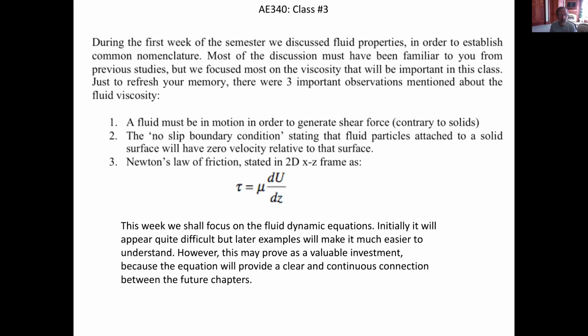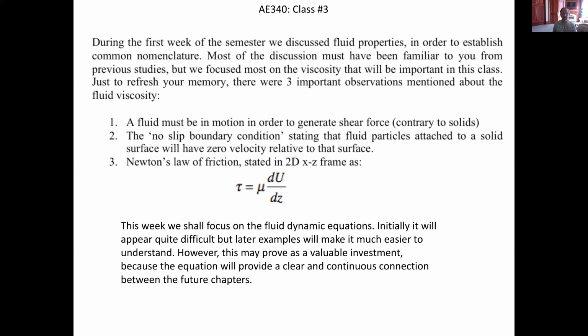Then I introduced the no-slip boundary condition, where particles near a surface will attach to the solid surface. I said zero relative velocity, which means the particles will not move relative to the surface. Then we had the two-plate example. The particle attached to the upper surface moves, and stays stationary at the lower one.